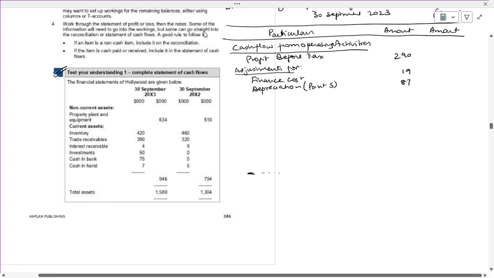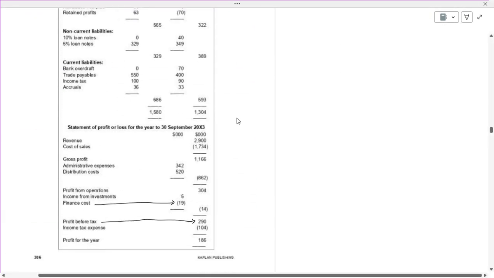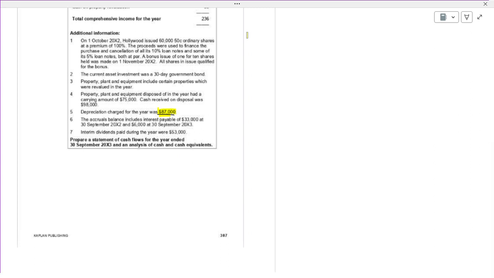Where is it, doctor? I didn't see the depreciation. Oh, okay. Let me see it first. Point number 5. Okay. Adjustment. Next. Additional information. Yes, additional information. Okay.